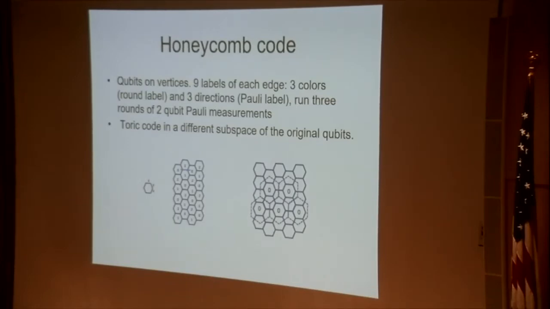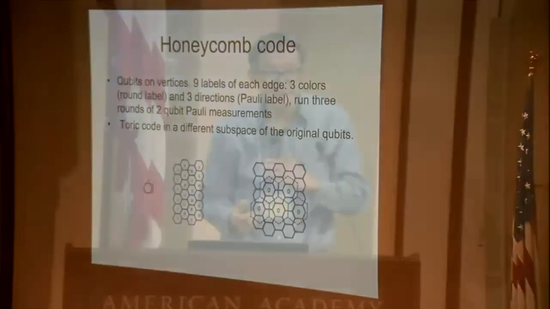So for all the edges with 0 label, at the 0 round, you measure the 2 qubits at the end, and then the Pauli, which is given by identification, is a Pauli X, Y, or Z. So if you do this one, you measure the 2 Pauli Z on its 2 qubits at the end.